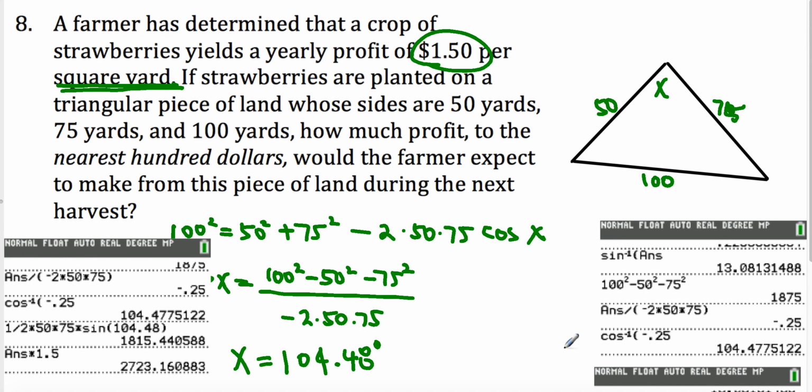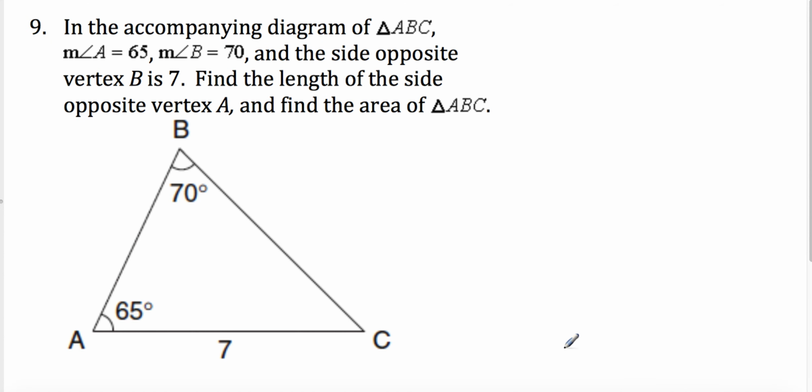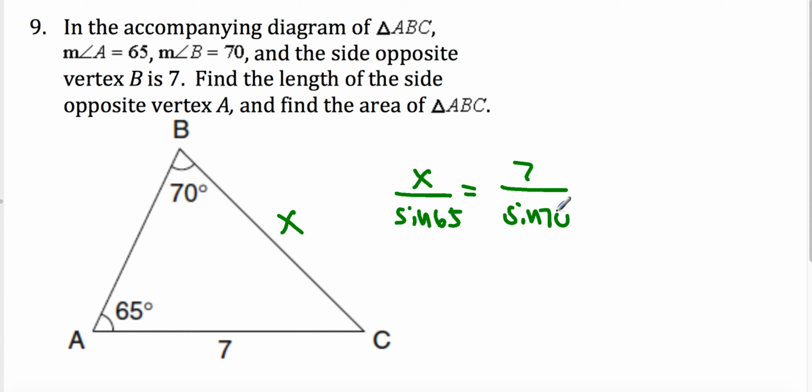So now let's look at the next question, number 9. One angle is 65, another is 70, and one side is 7. Find the length of the side opposite from vertex A. Let me call that x, and then we need to figure out the area of triangle ABC. So here we get x over sine of 65 is equal to 7 over sine of 70.